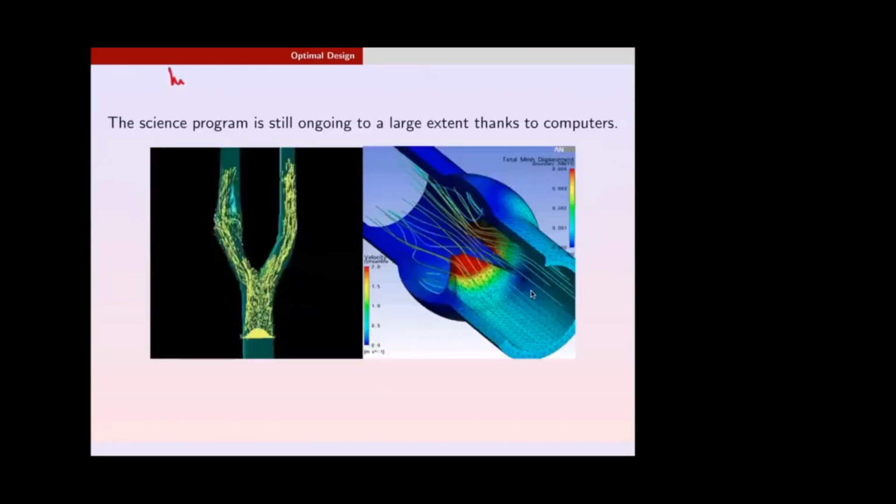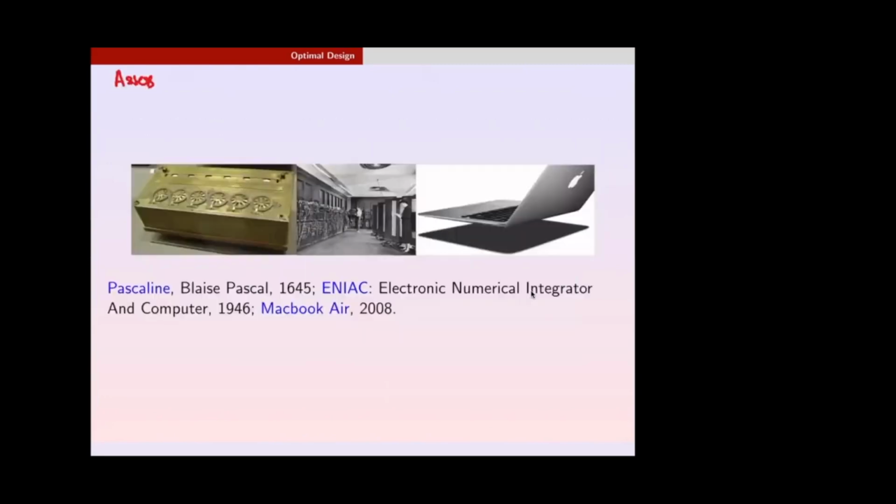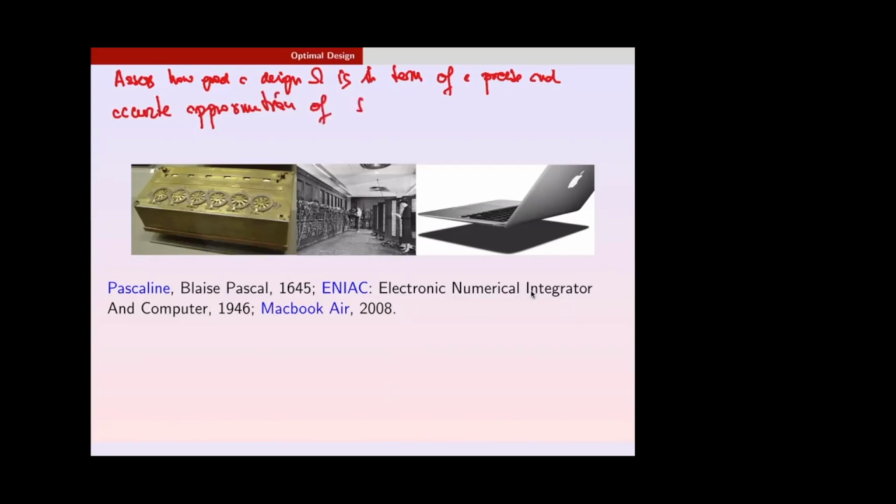how good a design omega is in terms of a precise and accurate approximation of j omega. Okay?